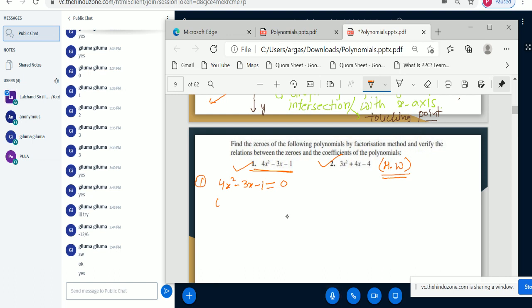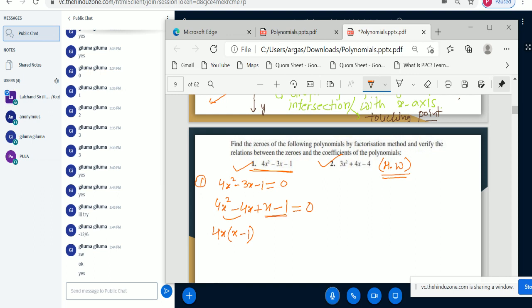I can write 4x square minus 4x plus 3 minus 1 equal to 0, isn't it? If I take 4x common from these two terms, then x minus 1.